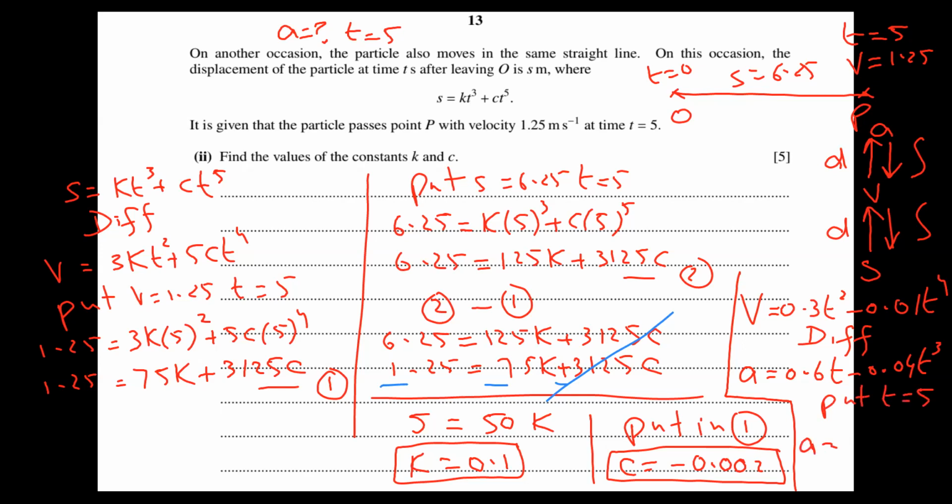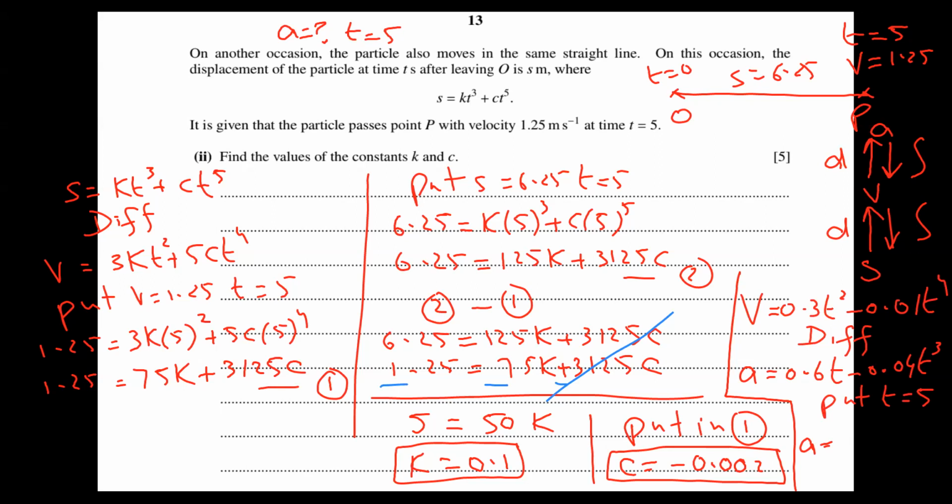At the same time I put time equal to 5, and I will get my answer. So I'm saving my time, and I just plug in the value of t. So let's see what answer comes. First is 3 times 0.1 into 5. So wait a minute, please, let me confirm. K value is 0.1, yes, exactly.